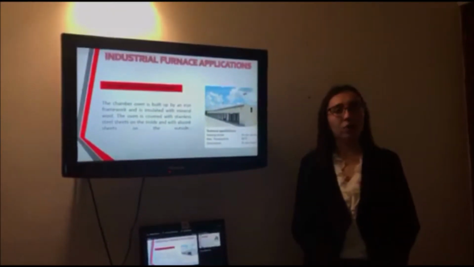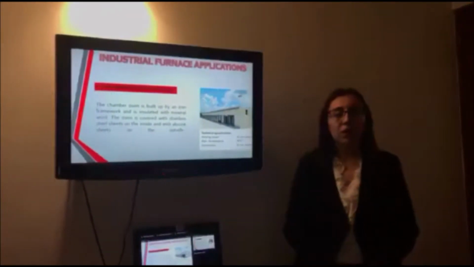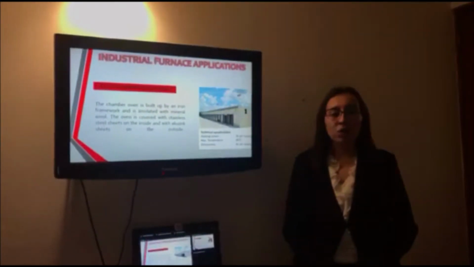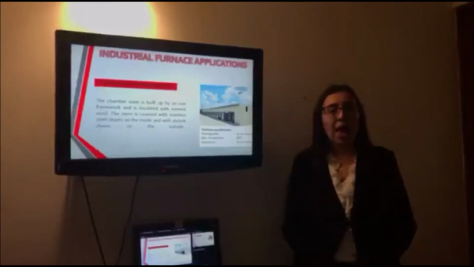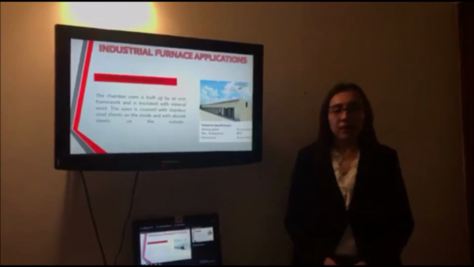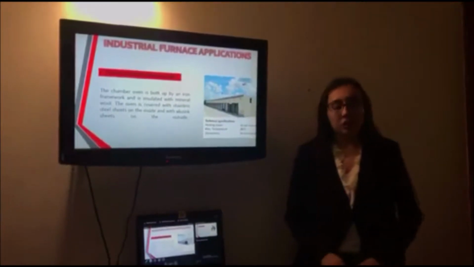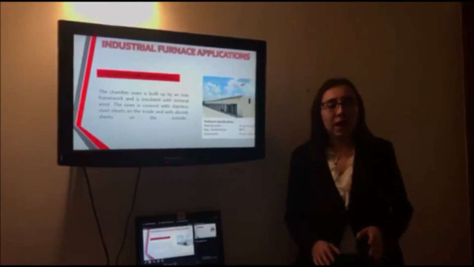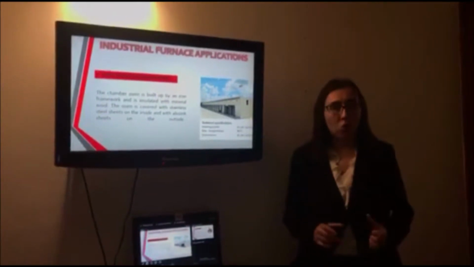Another type of furnace is the outdoor degassing oven. The chamber oven is built up by an iron framework and is insulated with mineral wool. The oven is covered with a stainless steel sheet on the inside and with aluminum sheets on the outside.